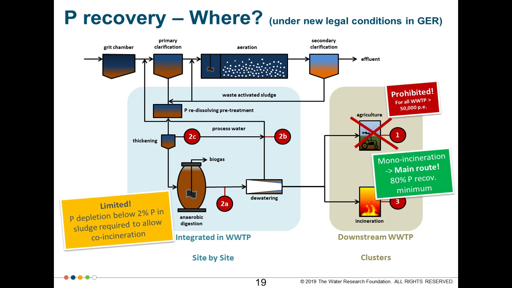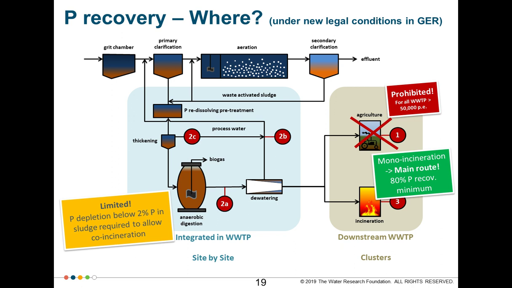Or downstream, you can have the potential to cluster and to centralize your recovery potential. If we apply the new regulation, wastewater treatment plants above 50,000 person equivalents will be prohibited from putting their sludge on land anymore. So this route will be closed by 2029 at the latest, or 32 at the latest.